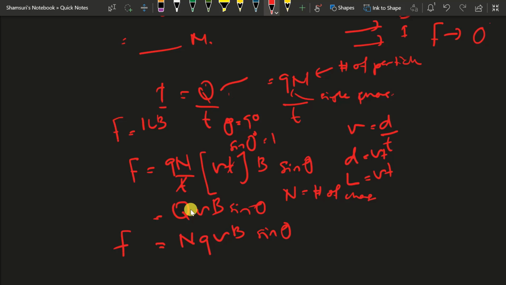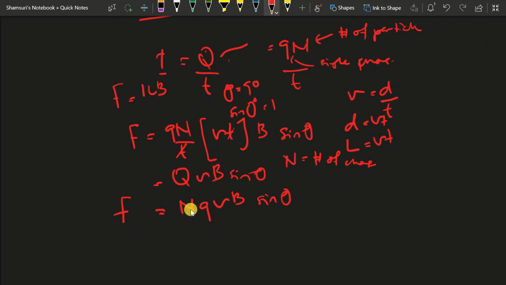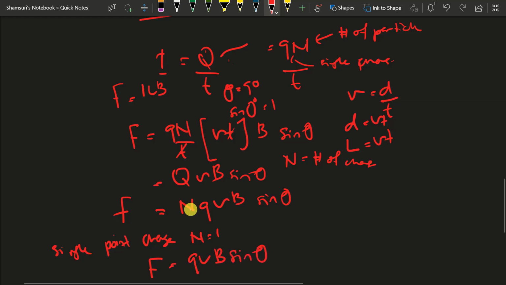Or we can have it also for a single charge. So for a single point charge, F is equal to QVB sine theta. This is a new formula, maybe, for a single point charge.